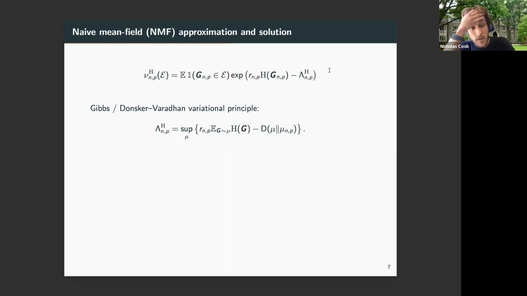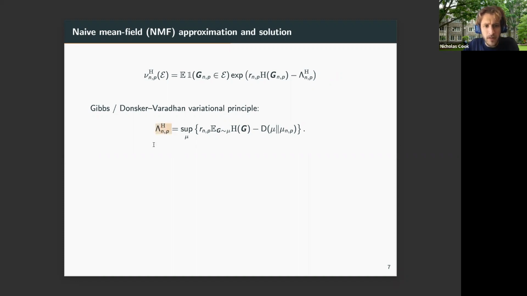To motivate this, first recall that we have this identity, the Gibbs variational principle, also known as the Donsker-Varadhan variational principle, which is a variational identity for exponential integrals, or in our case, sums of exponentials.